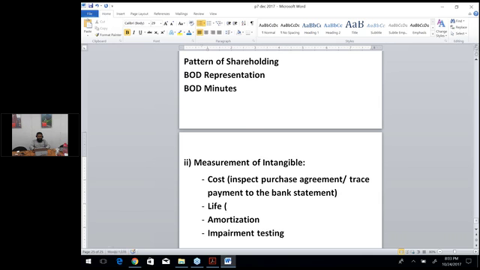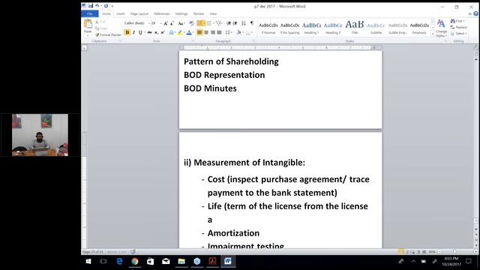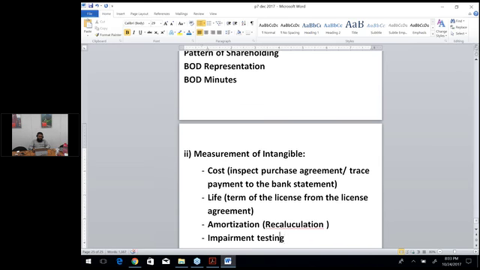Then the term of the license from the license agreement. There's going to be a recalculation of amortization. Impairment testing.